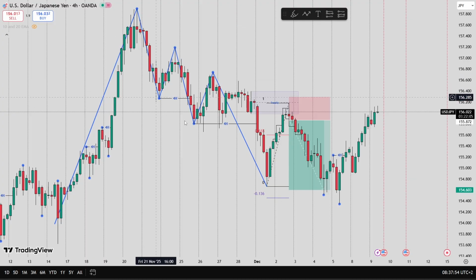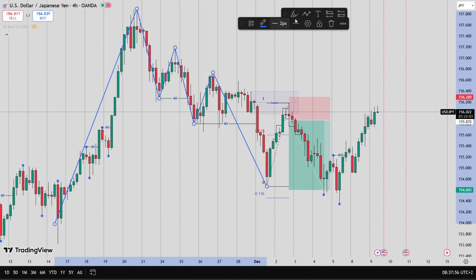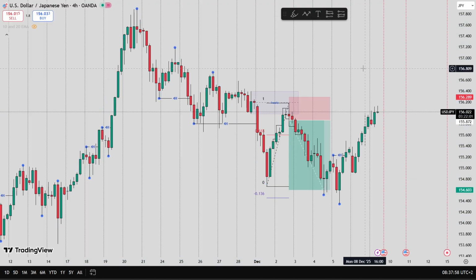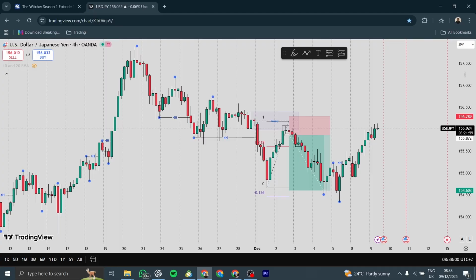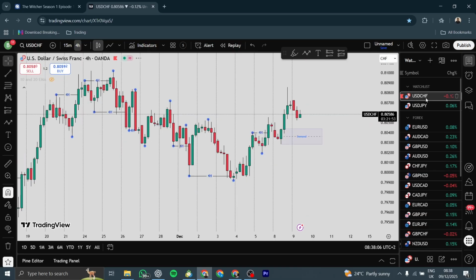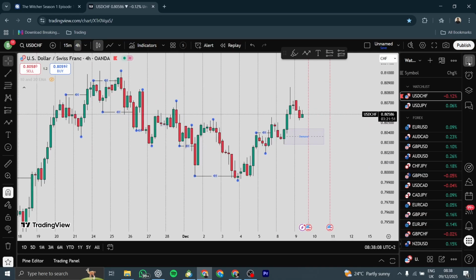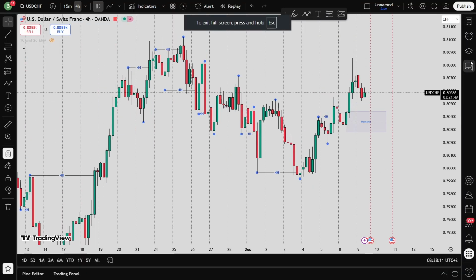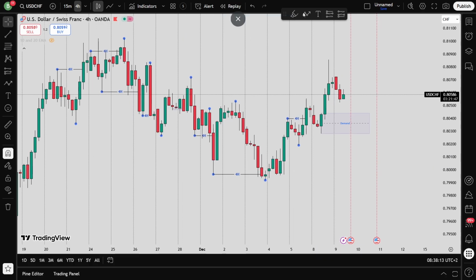So besides that, for this week, I'm also seeing a nice opportunity on USDJPY. As you can see, guys, essentially it's the same thing that I'm always looking for in the market. Here, the market was in a downtrend.